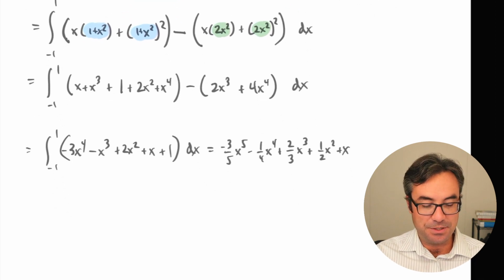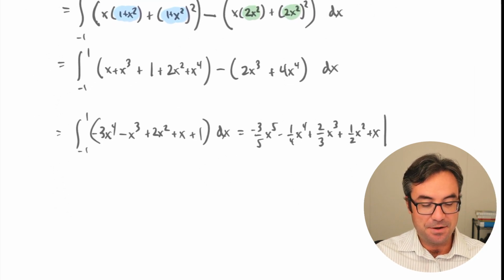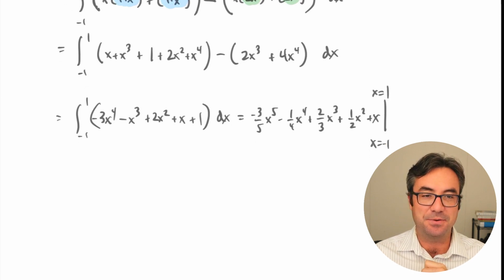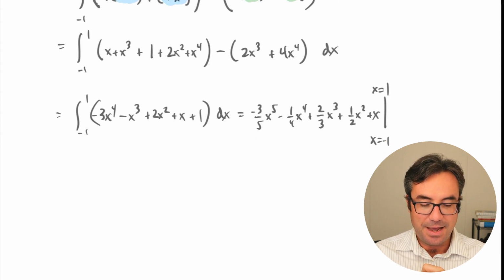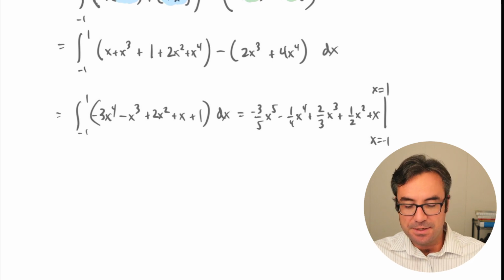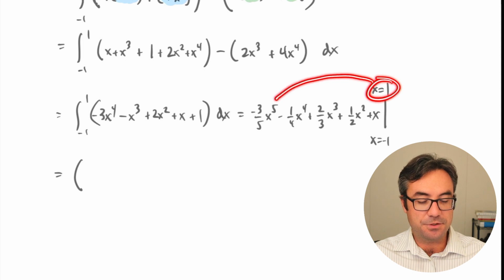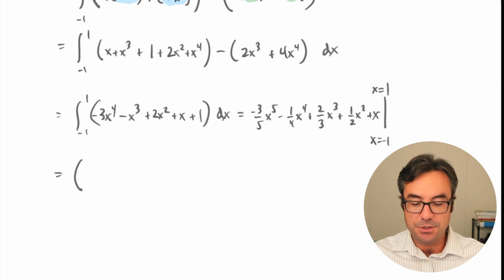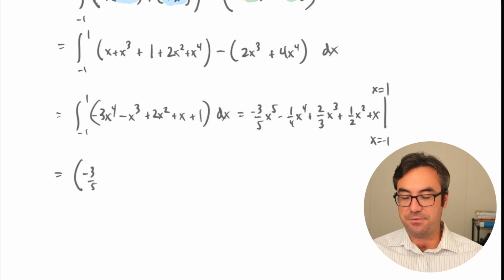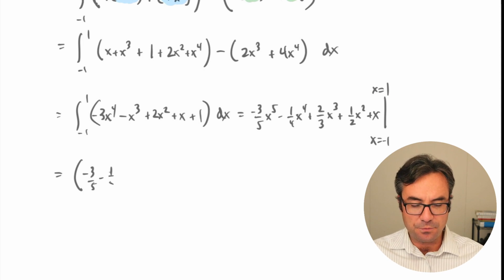And then we're going to evaluate this between x equals negative 1 and x equals positive 1. So when we plug in positive 1, we plug the top number in first, and we end up with negative 3 over 5 minus 1 over 4 plus 2/3 plus 1/2 plus 1.